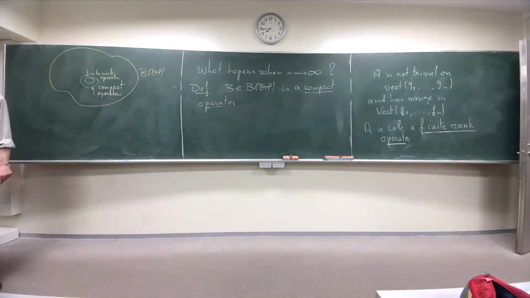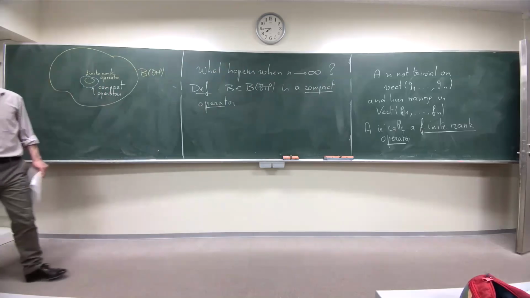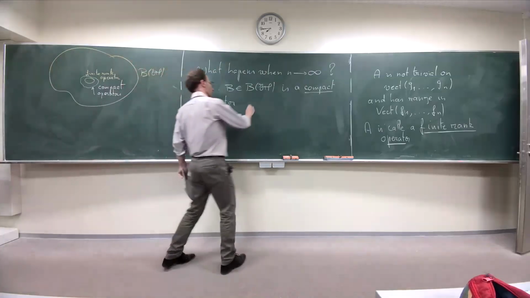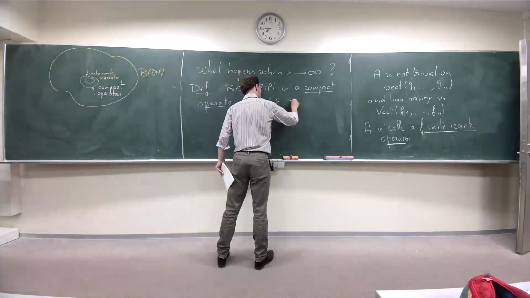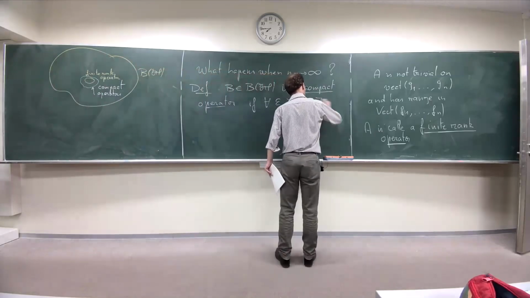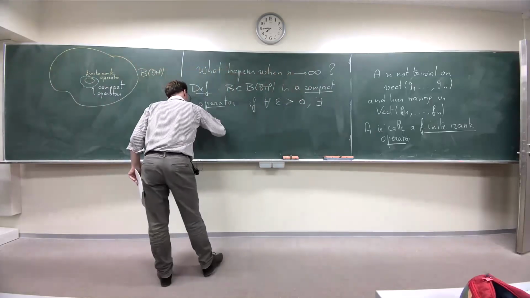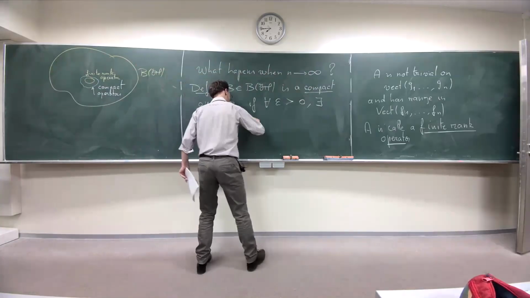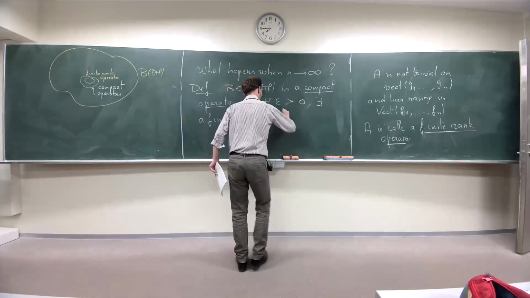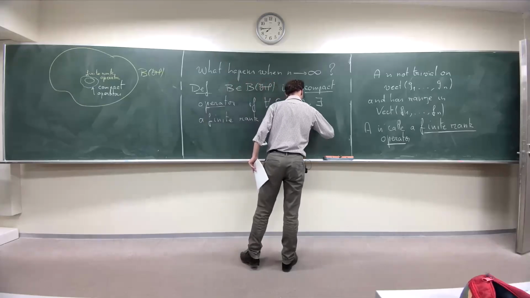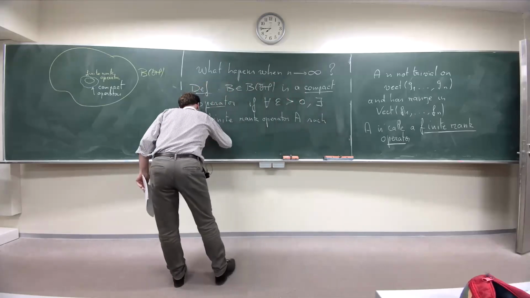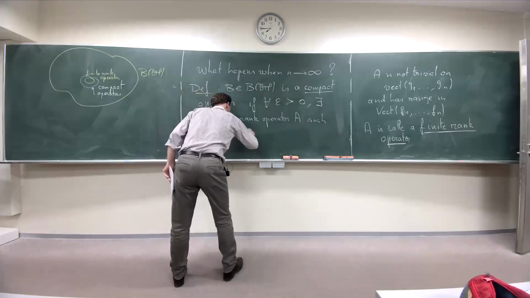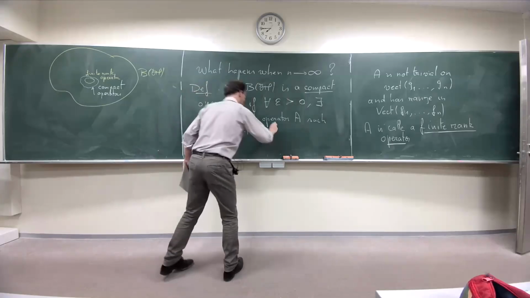What could be the definition? I want to take n going to infinity, but you can imagine it's not so easy. So it's a compact operator if for any epsilon bigger than 0, there exists a finite rank operator A such that the norm of B minus A is smaller or equal to epsilon.